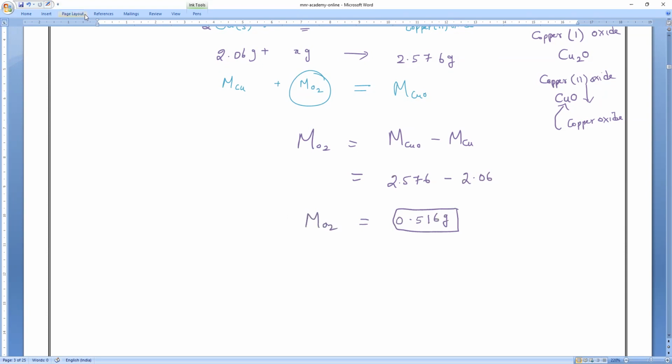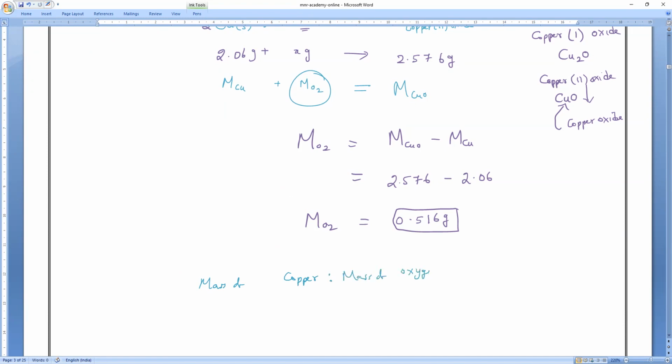Any doubt? Anybody can ask me. Next, now we have to find the ratio. What ratio? The mass ratio. So mass of copper is to mass of oxygen.